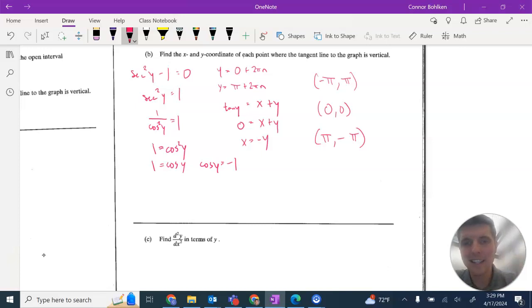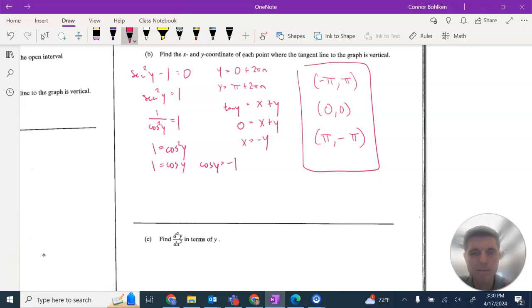If we test these, tangent of pi is 0, x and y cancel themselves out. If you tried something like negative pi over 4, comma pi over 4, or any other combo, tangent wouldn't actually be zero. So while we think there's an infinite number of solutions, the left side wouldn't actually work. So these are the only three.